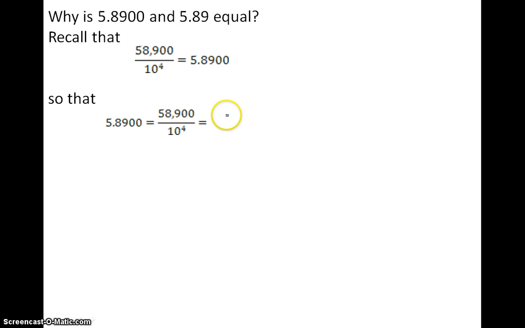Well, we have to do some cancellation. So this would be 589 times 10 to the 2nd power, or 100. And we can split this up into 10 to the 2nd power times 10 to the 2nd power. Do you see our constant? Our constant is 10 to the 2nd power, or 100.